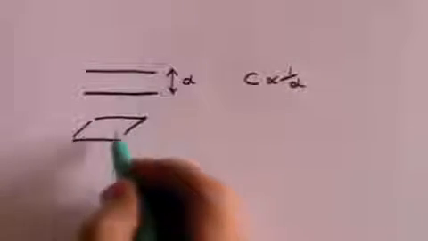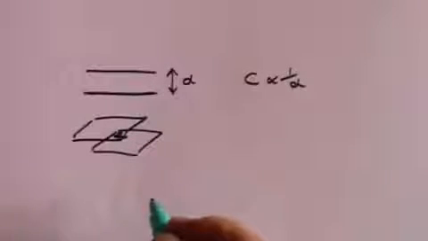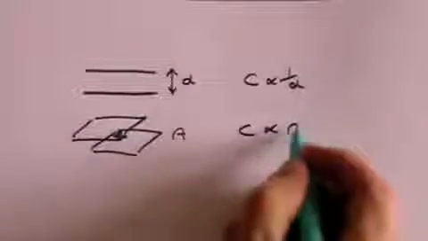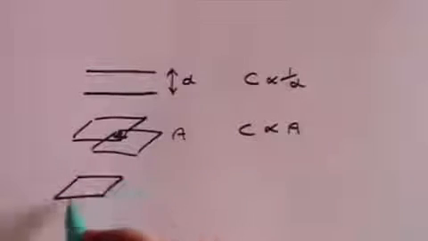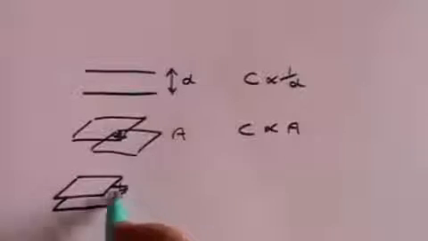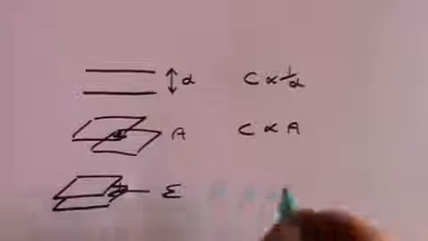It's also proportional to the area of overlap. So C is proportional to the area of overlap of the plates. And finally, I had said that C is proportional to the dielectric, which is a piece of insulating material sandwiched between the plates.